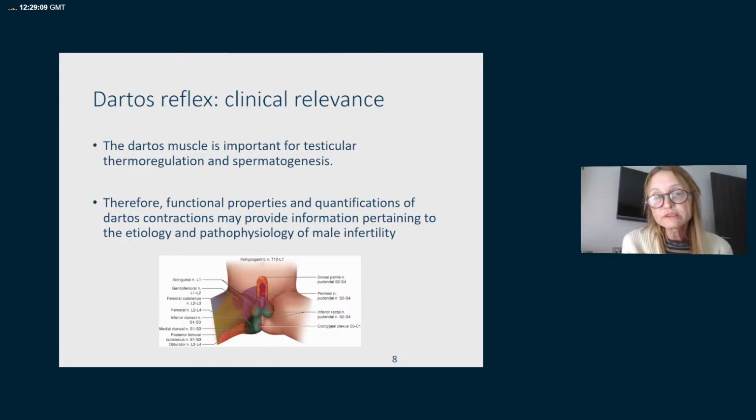The dartos muscle is important for testicular thermoregulation and spermatogenesis, and therefore functional properties and quantification of dartos contraction might provide information pertaining to the etiology and pathophysiology of male infertility.